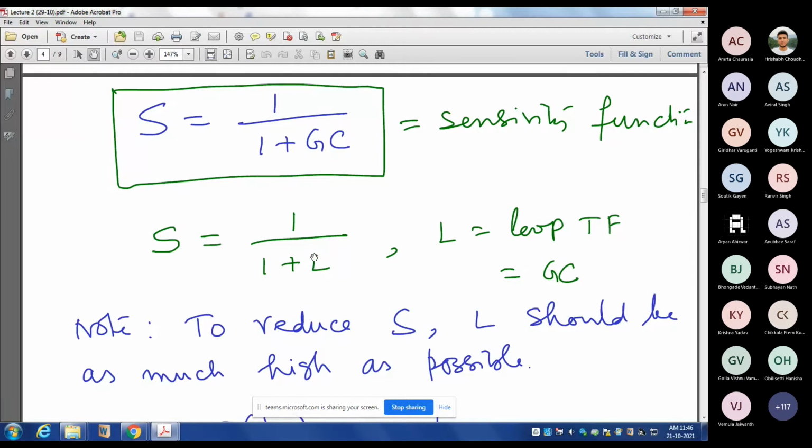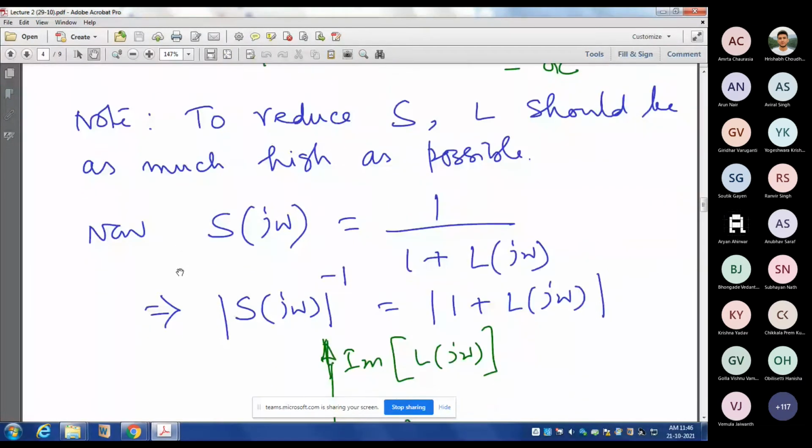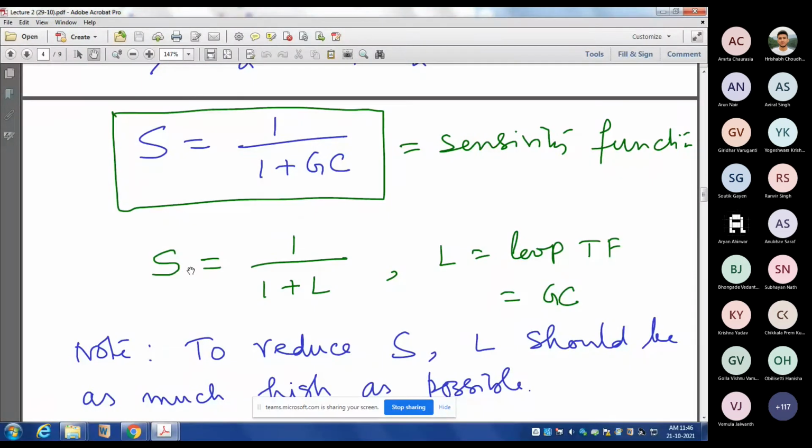From this expression, you can easily say that L should be as high as possible. If L is high, then only S will be small. So high gain. So now L should be as high as possible. Now with this, we will see how to represent S. What is the physical meaning of S?